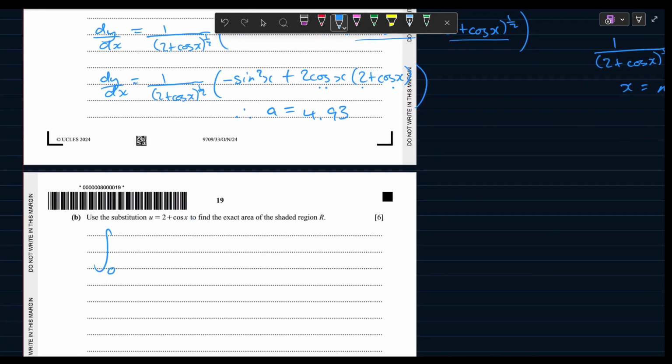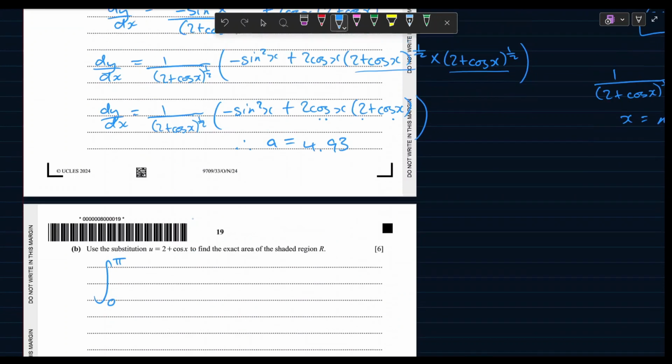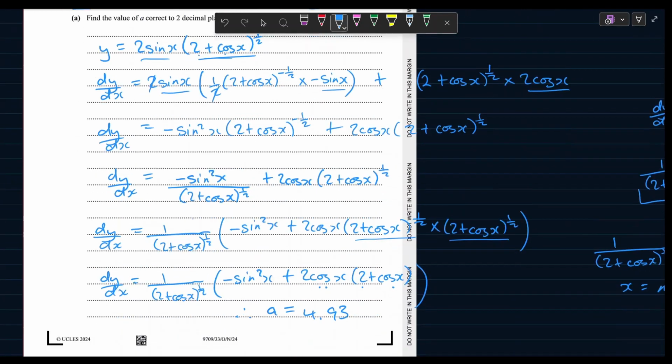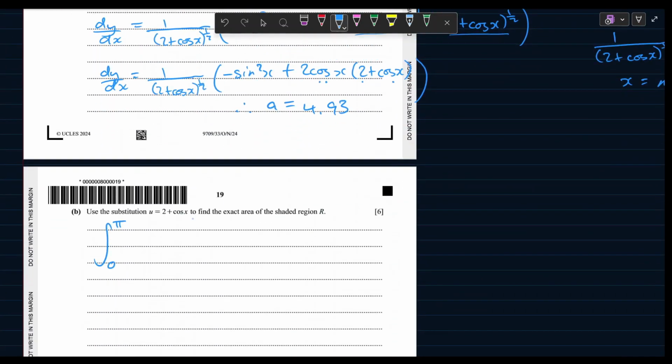So 0 to pi, and our function is 2 sine x times square root 2 plus cos x, with respect to x, using the substitution u is equal to 2 plus cos x.